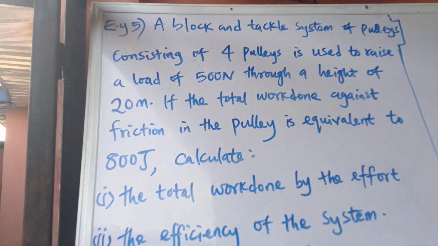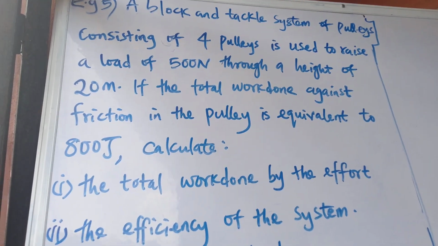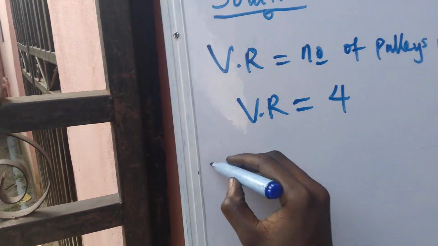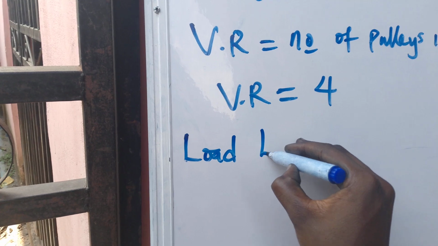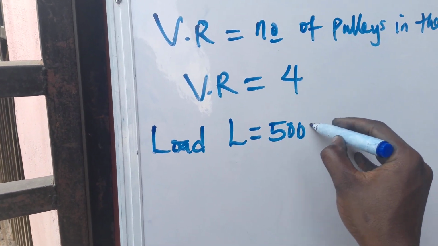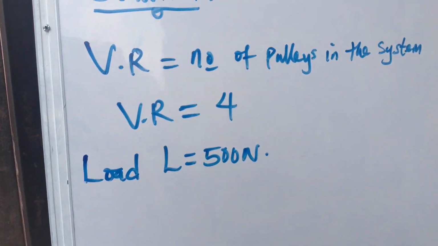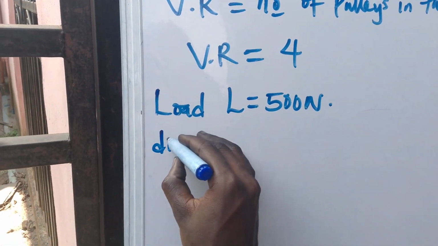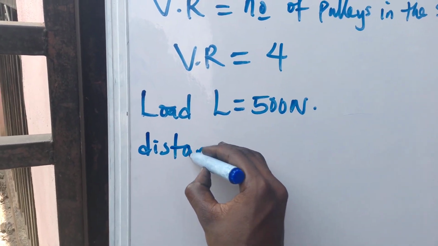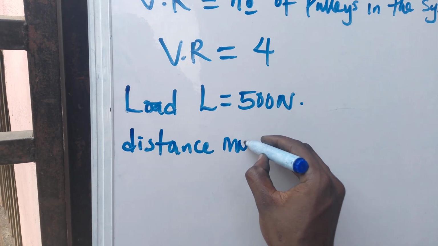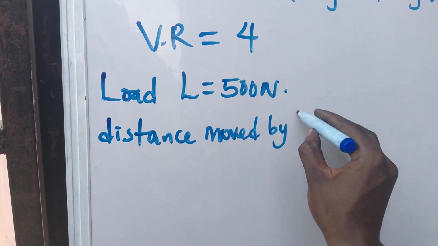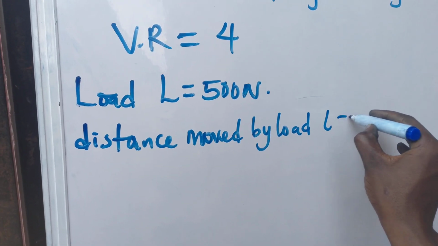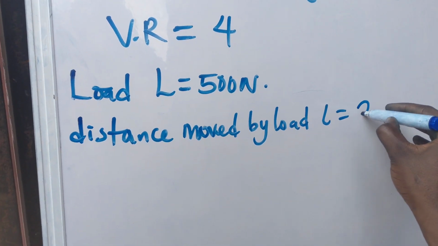It's used to raise a load of 500 Newton through a height of 20 meters. So the load L is 500 Newton, and the distance moved by the load, small l, is equal to 20 meters.